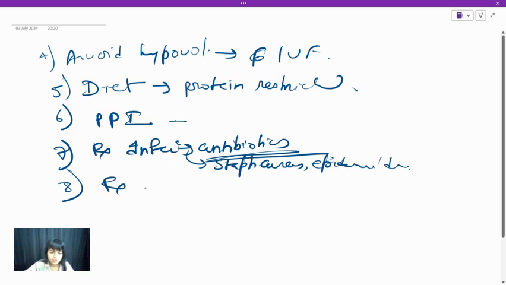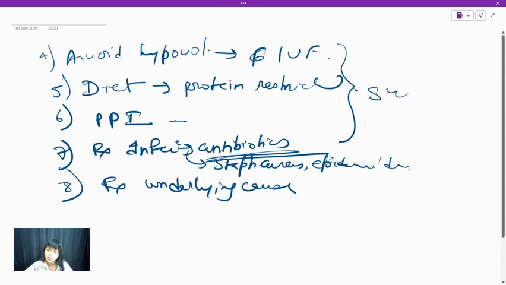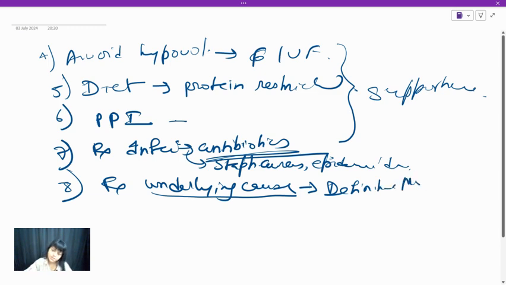Next, you need to treat the underlying cause. This is very important because what we had been doing till now is all the supportive measures, but treating the underlying cause is your definitive management.